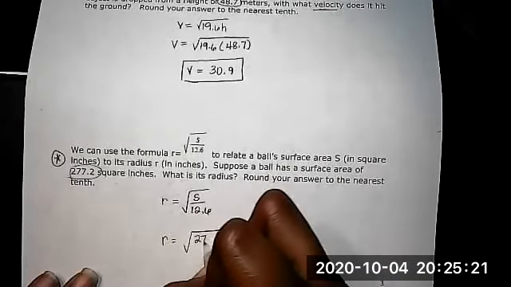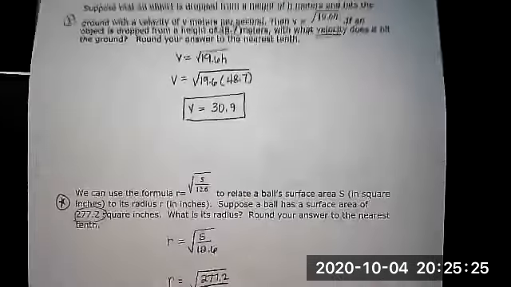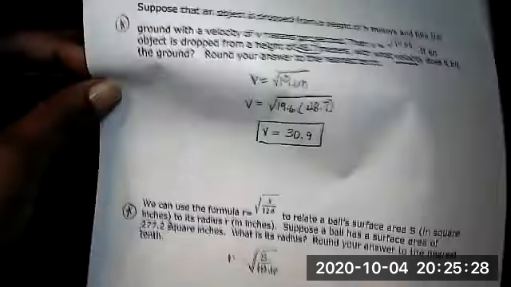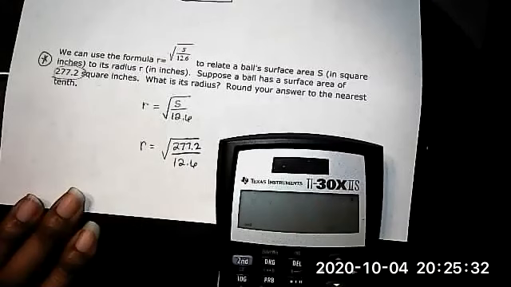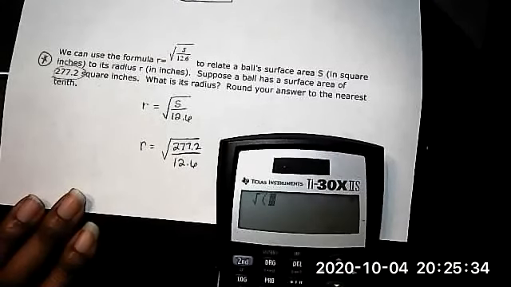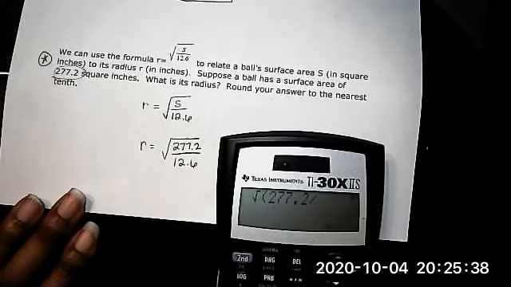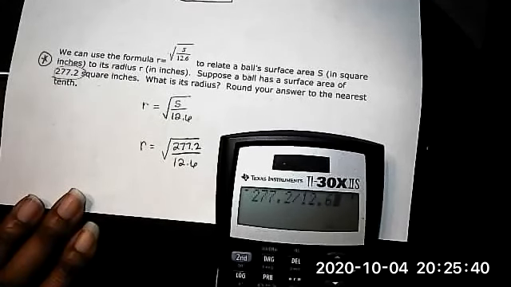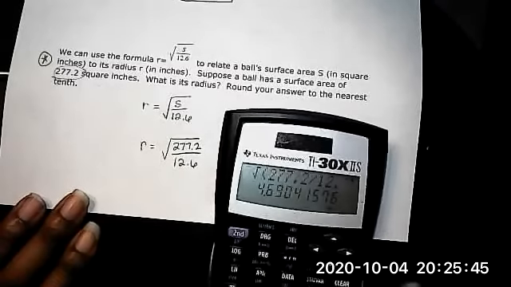So 277.2 over 12.6. In that case, we're just going to put it in our calculator. The square root of 277.2 divided by 12.6, and I'm not going to be using the backwards L for this particular one because I want my answer as a decimal, okay?